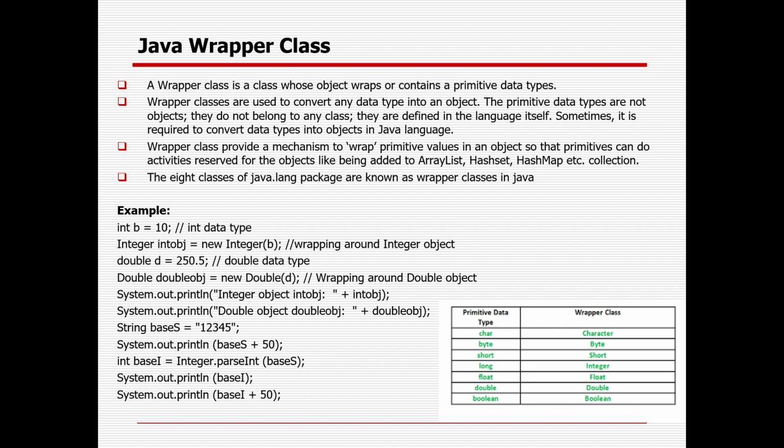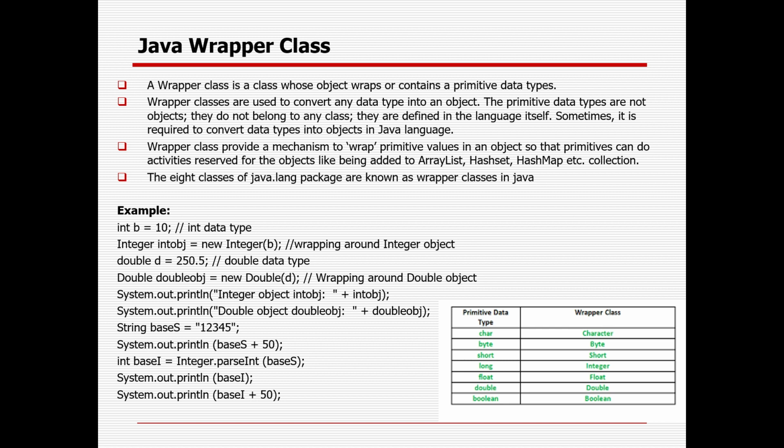So you have to convert those primitive data types to wrapper classes, which the collection framework will understand. If you don't want to work with the collection framework, data types will be fine. But as and when you start working with it, you have to convert them to the wrapper class.